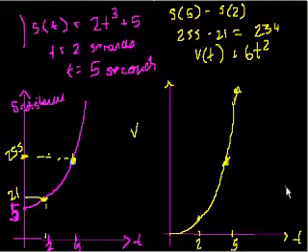Well, I could do it the way that we learned in the previous video, where I draw a bunch of small rectangles, each of a really small width, and I multiply it times its instantaneous velocity at that exact moment, right?